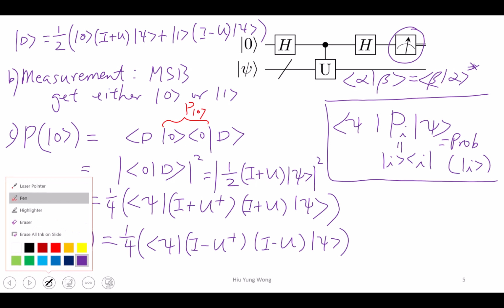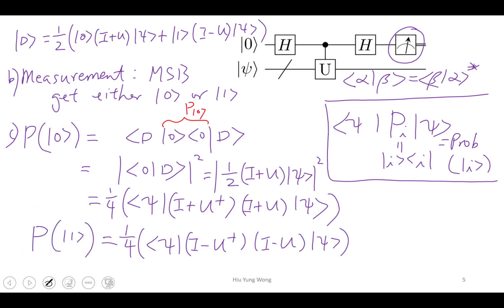Now, in case you got confused, let me say again. The magnitude square of this guy: this one is a matrix multiplied by a vector, so it's still a vector. So the magnitude square of any vector is just equal to this.